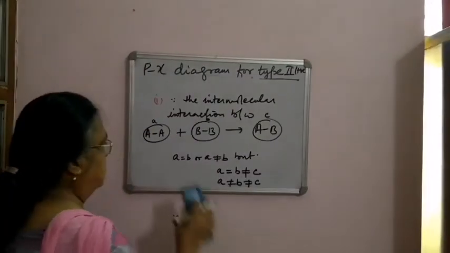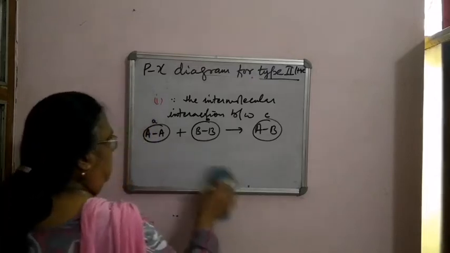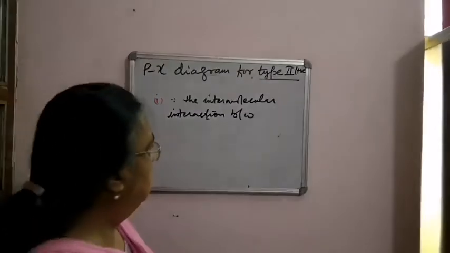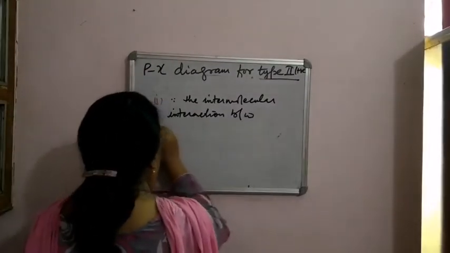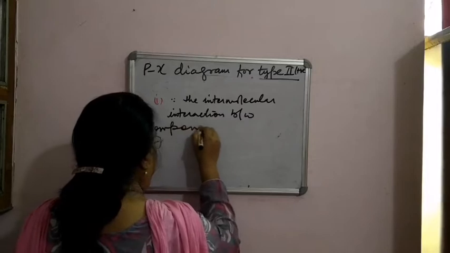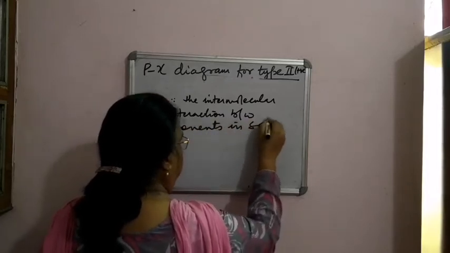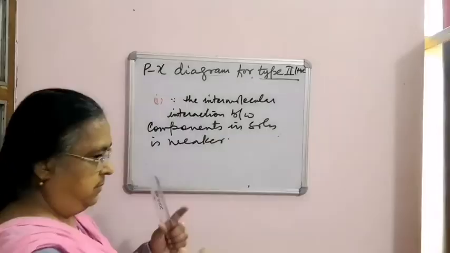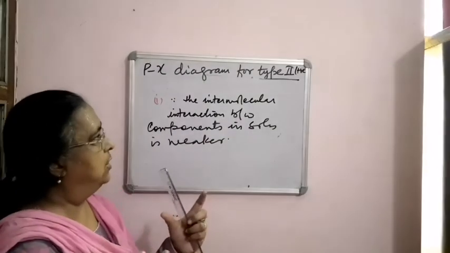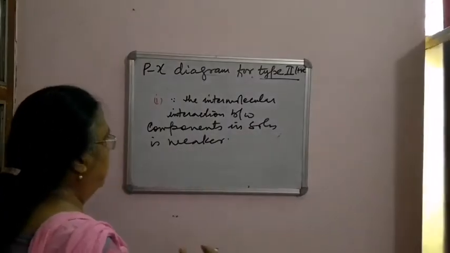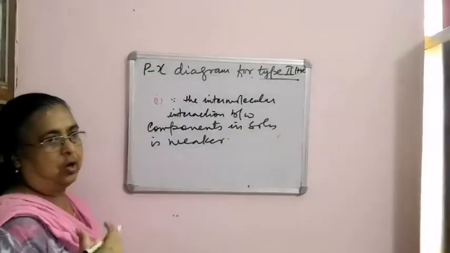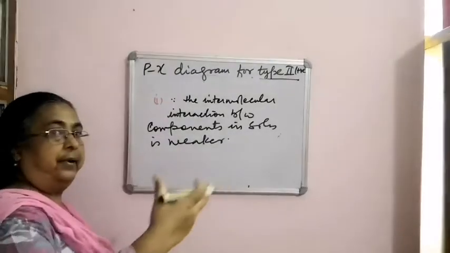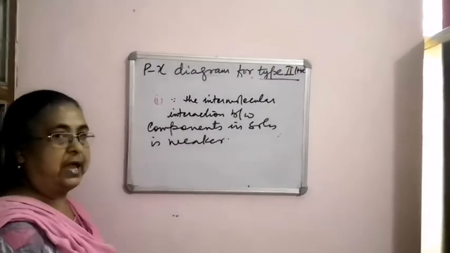So in that case, what will happen? The interaction force between components in the solution is weaker. It means A and B, solute and solvent molecules, are not held tightly, because of which these solvent particles will evaporate faster and go to the vapor phase faster.